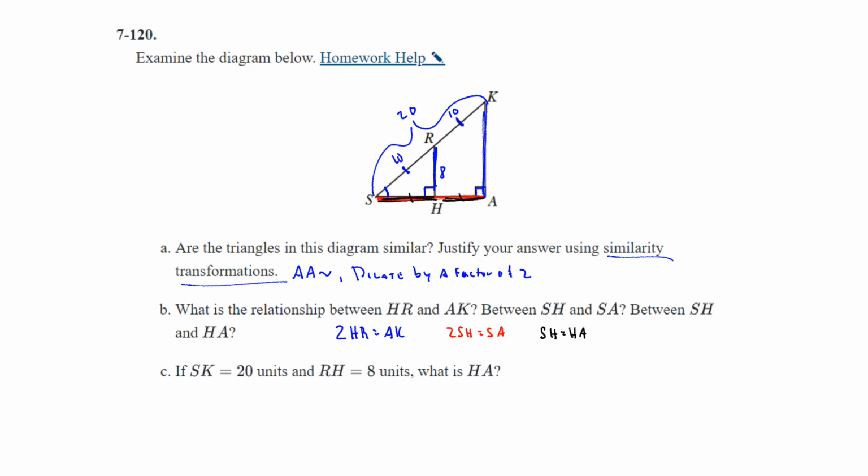We're looking for this distance right here, but we know it's congruent to SH. We can find SH because we have a right triangle, so we can use the Pythagorean theorem. It is one of our Pythagorean triples, 6, 8, 10. If you didn't know that, that's fine. Just use your Pythagorean theorem. So therefore, if SH is 6, then HA will also be equal to 6.